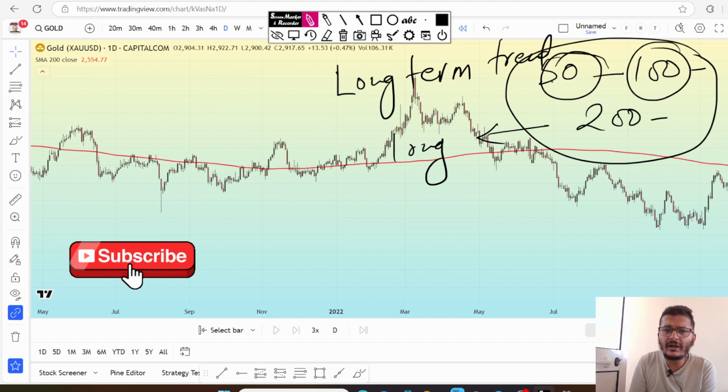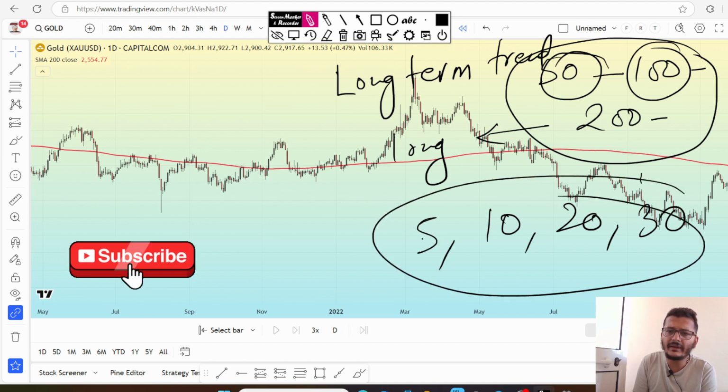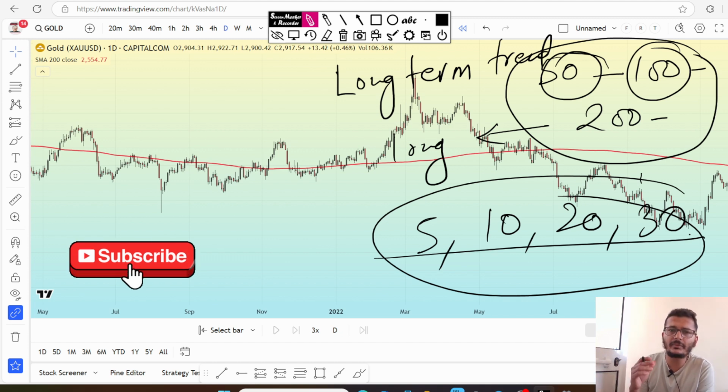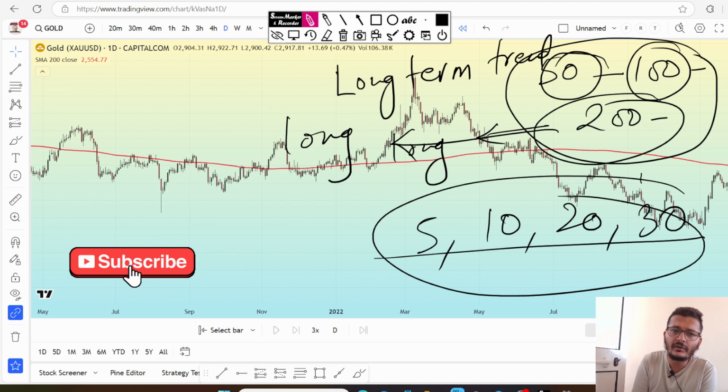But if you want to take a trade in a very short period of time, then you can use 10, 20, 30, and you can use 5 also. We will make a video on this also in the setup video, where I will teach you how to make the setup on the moving average and how to take the trades. That's also another topic you need to understand. But for this time you need to know that the bigger the moving average, that means 200, it shows the long term trend, and the smaller, it shows the short term trend.